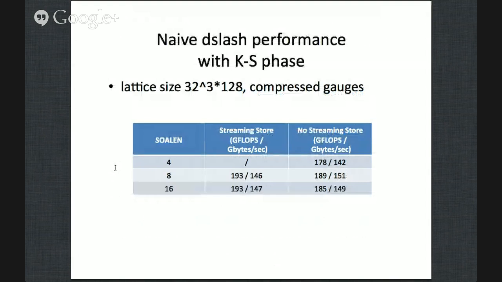Here is the D-slash performance with the staggered phase. It can potentially only affect the performance with the compressed gauge storage, because in that case we need to calculate the staggered phase for the third row of the gauge field as well. That's typically the number we saw, so not much difference here.